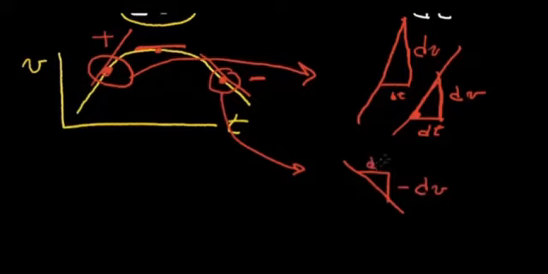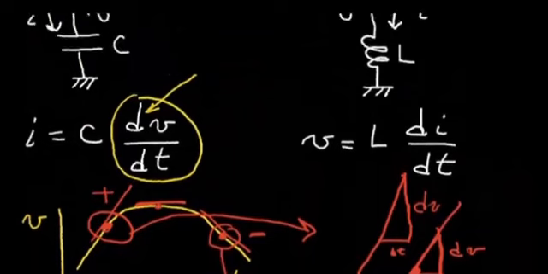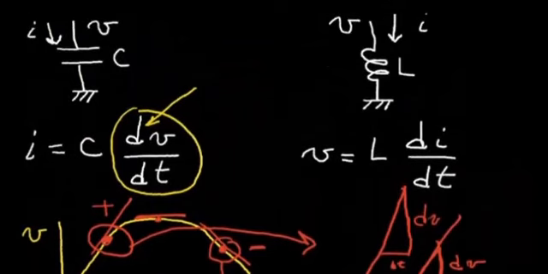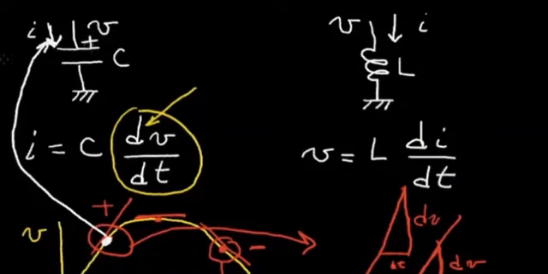My dt is positive, so if I have minus dV divided by dt, I have a negative number or a negative slope. So think of it this way. If you have a positive slope, for example at this point, that corresponds to current flowing into the plus terminal of the capacitor.